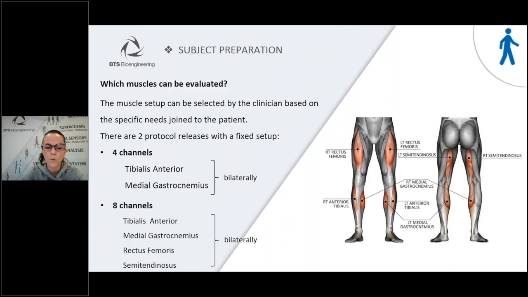During this webinar, we will focus on analyzing in detail the protocol with a fixed 4 channels setup. But all the information you will receive, especially regarding the reading part of the report, is always valid regardless of the muscle setup you decide to use.